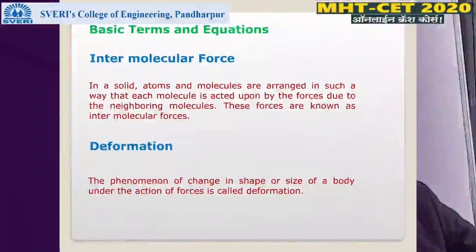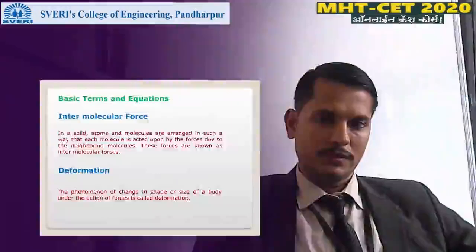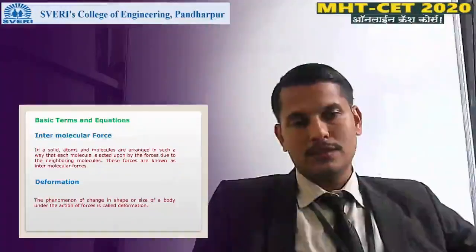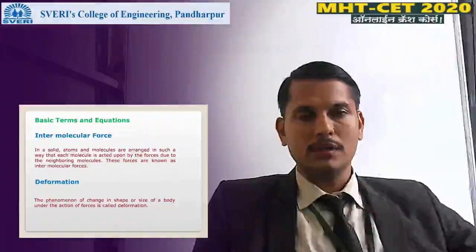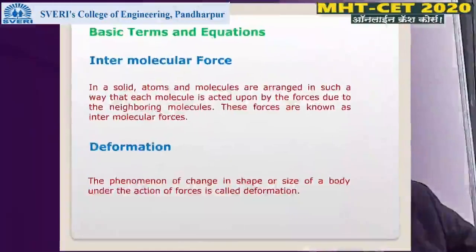Next is deformation, the phenomenon of change in shape or size of a body under the action of forces. It means there is a change in the shape or size of the body by application of forces, and that deforms the body, and we call it deformation.